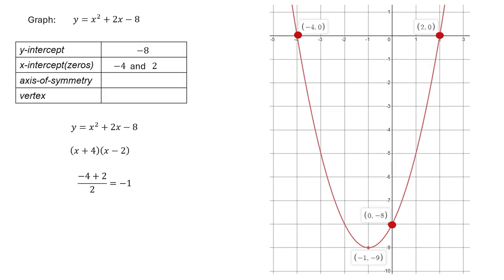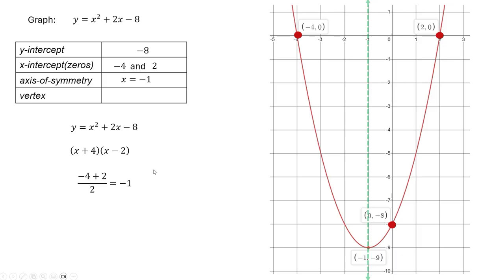We get our axis of symmetry by adding up our two x-intercepts, negative 4 and 2, and dividing by 2, which gives us a value of negative 1. So our axis of symmetry is x equals negative 1. And once we know the axis of symmetry, then we have the x value for the vertex.